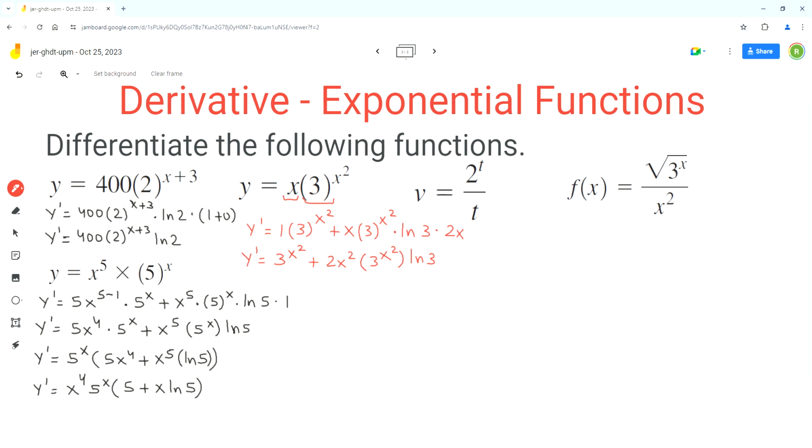We should use the parentheses to separate the terms, to separate 3 to the power x squared from ln 3 and 2x squared. Now we can simplify this expression by factoring out 3 to the power x squared. So we are doing common factoring.